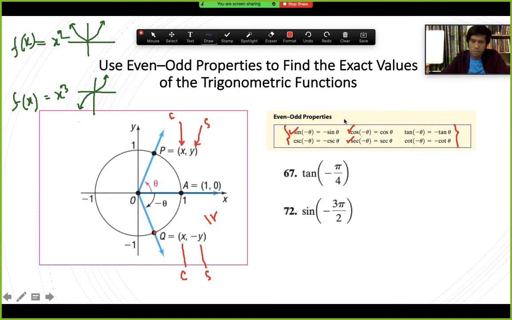So how does it help? Even odd properties. We will say that this is the cos theta, and sec theta. You see what the relationship is here? If you look at this function, you will notice that if you give negative, your answer becomes positive.